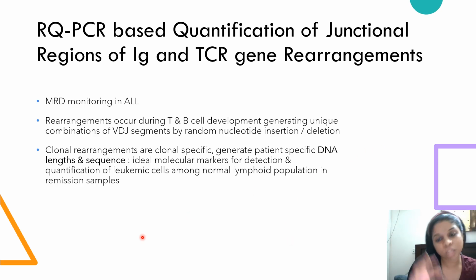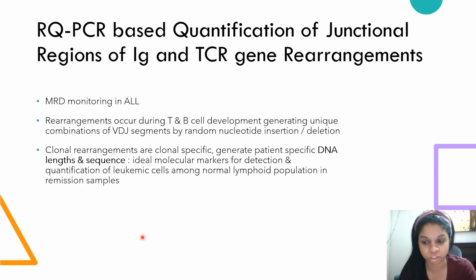So even if there is cross contamination by some other patients' cells, if it is very less, you can detect it, because the patient's DNA lengths and sequence are of certain characteristics. And if you are getting little contamination, you will understand that that is contamination and not the patient's cells.